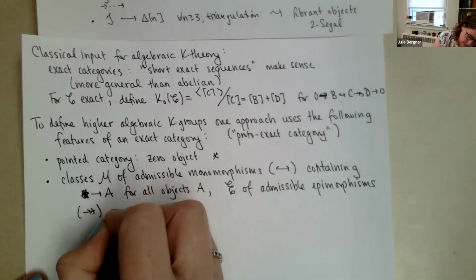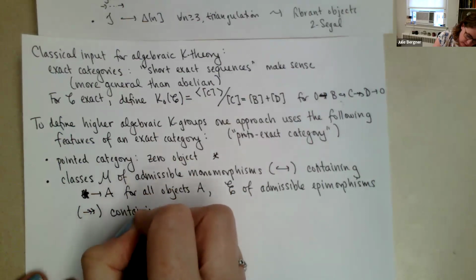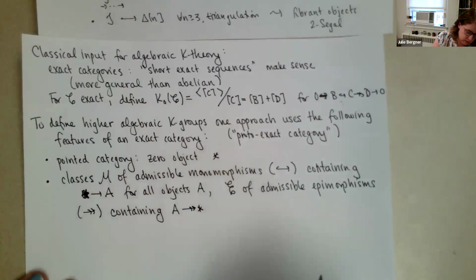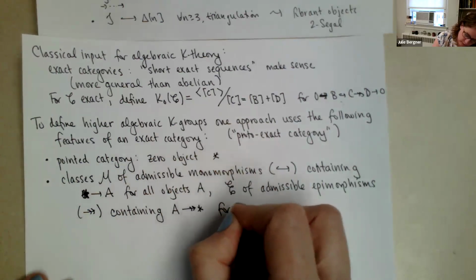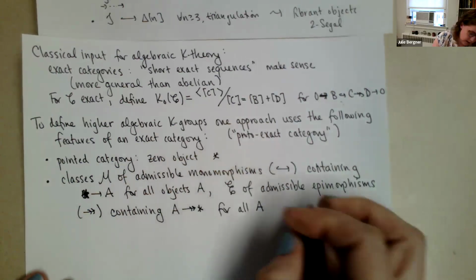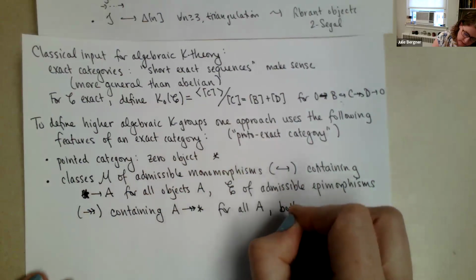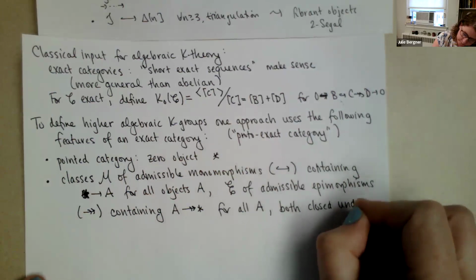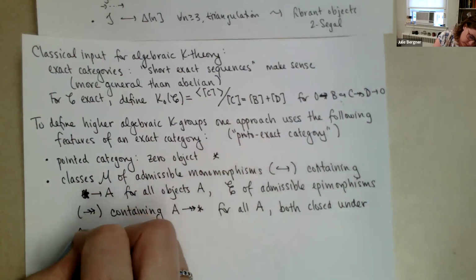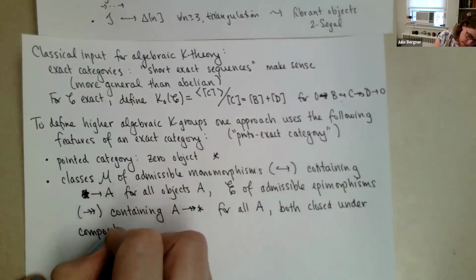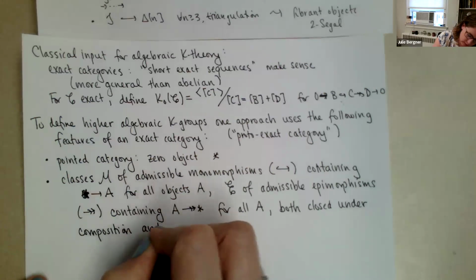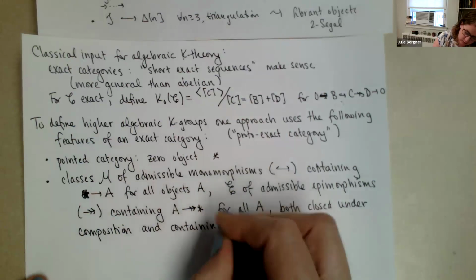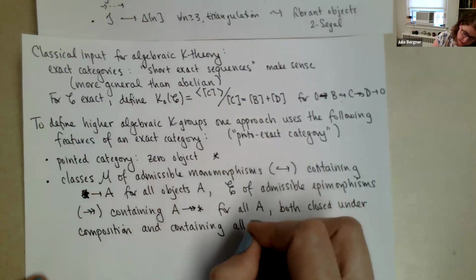And this is going to contain the unique map from A to the 0 object for all objects A. Both of these classes are going to be closed under composition and contain all isomorphisms. Any isomorphism is in both classes.